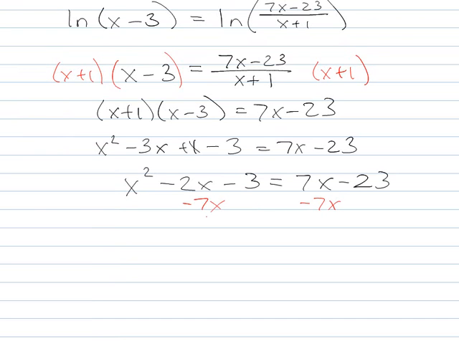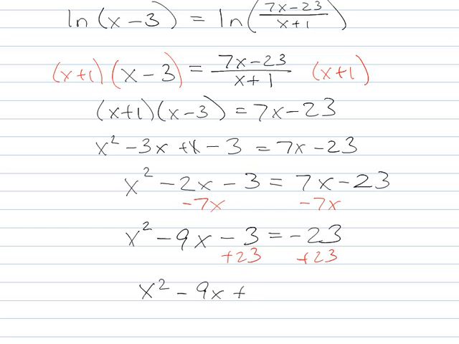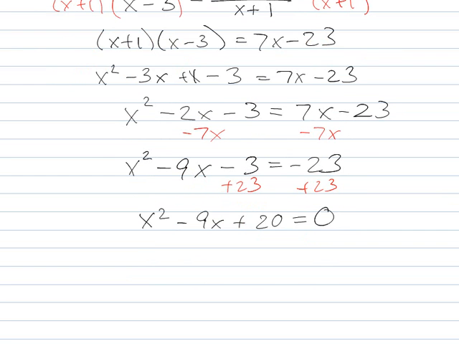So I'm going to minus my 7x. I'm just assuming that you're getting kind of good at this, because this is pretty much all we've been doing constantly forever and ever. And finally, there we go. Let me go ahead and factor this.